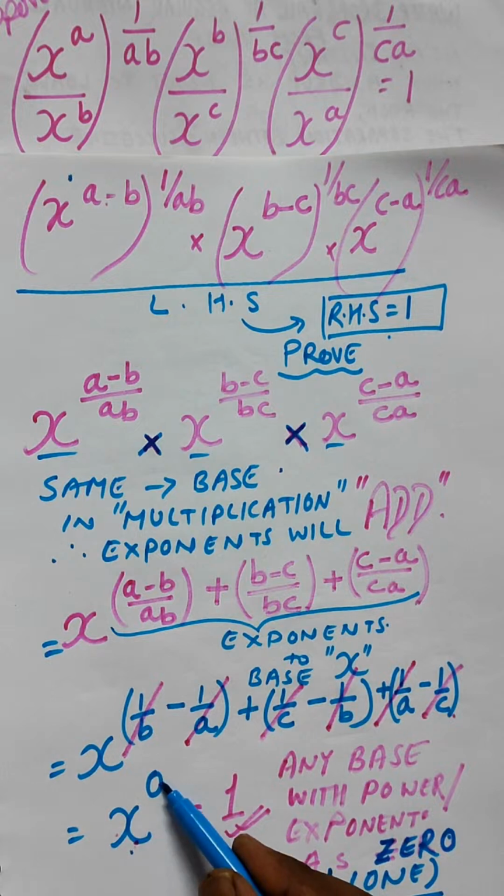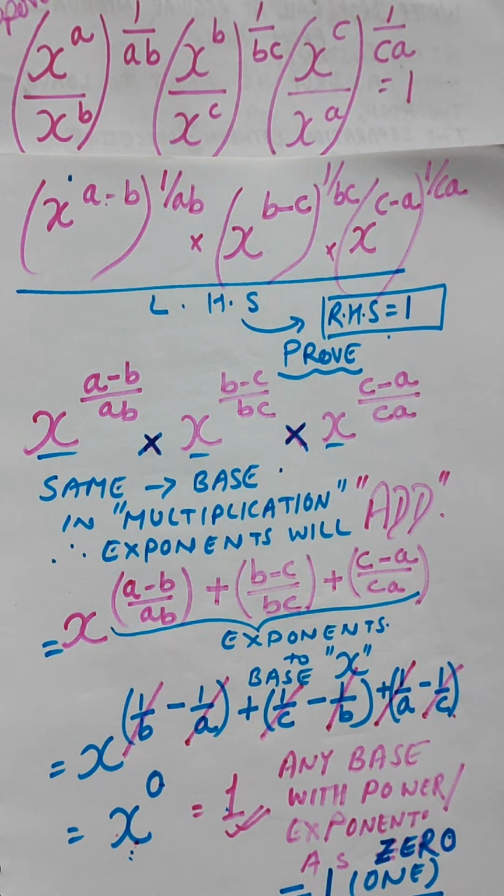So that's why x power 0 is equal to 1. So in this way we have solved this question.